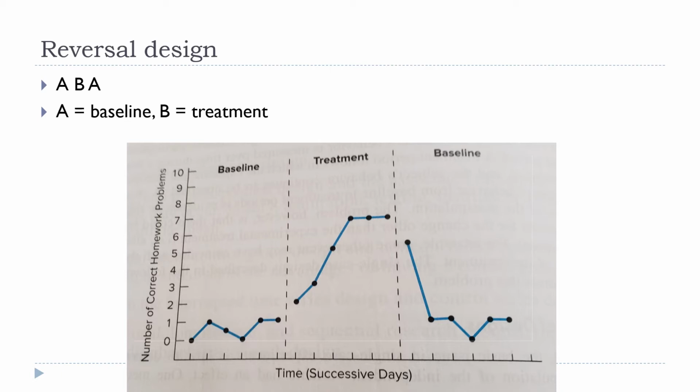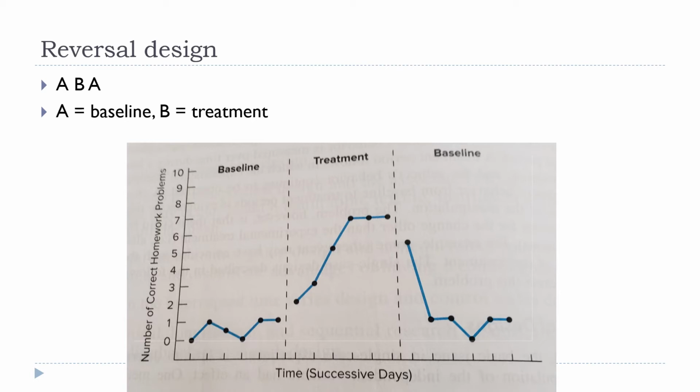So for example, you might have some sort of intervention where you're consistently intervening in a certain way or presenting some sort of therapeutic method or reward, and then you remove it to take a look at the withdrawal behavior. You can see here that the results tend to show a certain baseline level of correct homework problems, and then with the treatment, whether it's a reward system or additional monitoring or having some playtime or some reward in addition to doing homework well, the number of correct homework problems shoots up about halfway through the treatment process.